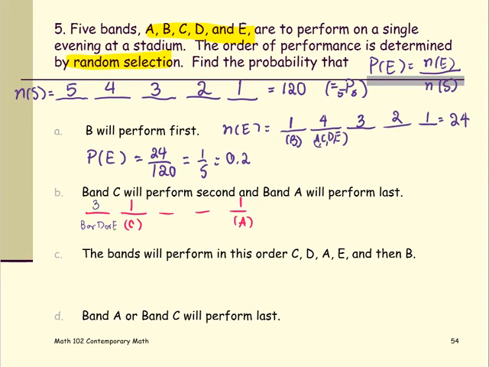After one of those 3 is selected, the third performance will have 2 selections, and then the fourth will have only 1 selection. Therefore, N of E for case B is the product of 3, 1, 2, 1, and 1, or 6. That tells us the probability of this event is 6 divided by 120, which is N of E divided by N of S, or 1 over 20.